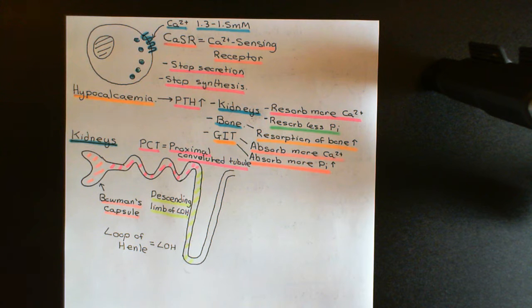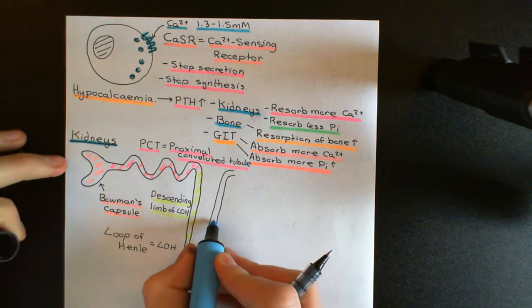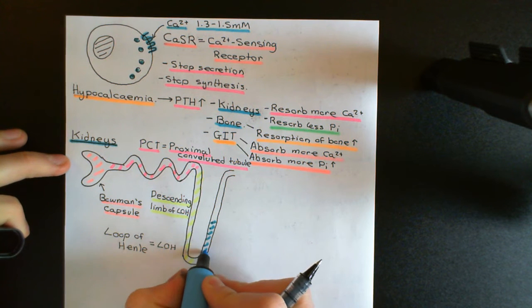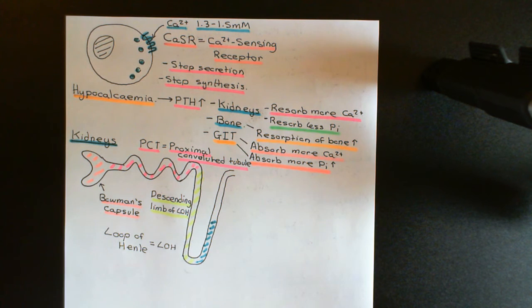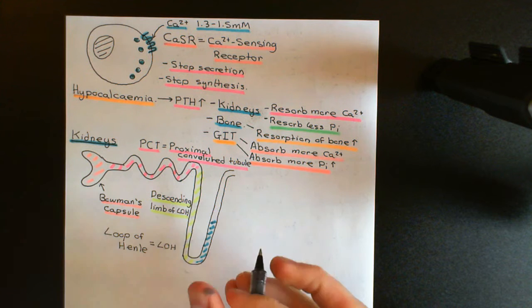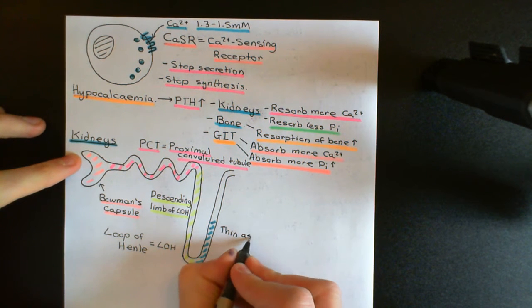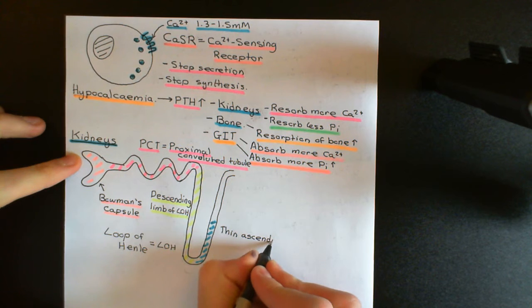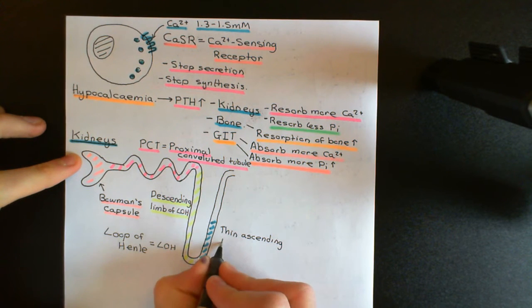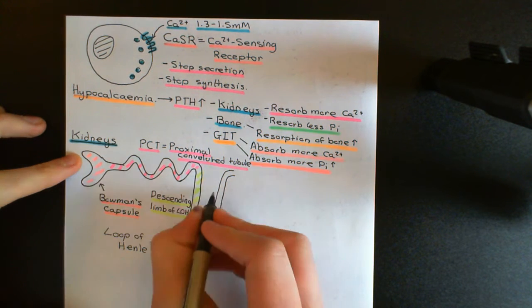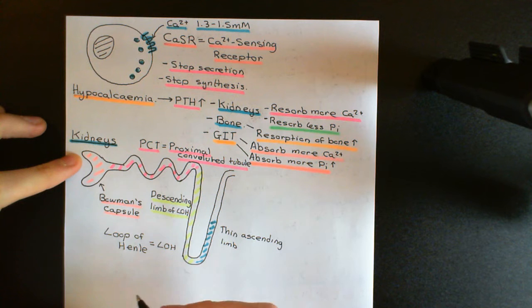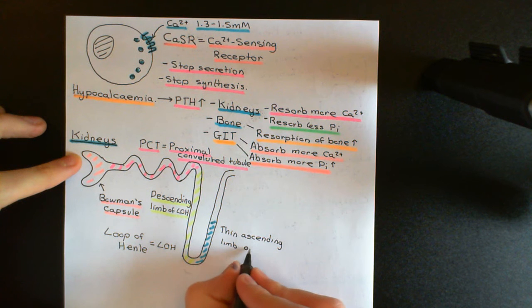But the ascending limb of the loop of Henle is split into two different portions. The bottom portion, which I'll colour in blue here, is known as the thin ascending limb of the loop of Henle. So this is called the thin ascending limb of the loop of Henle. And then the portion above that, the portion that's closer back up to the cortical portion of the kidney, that's called the thick ascending limb of the loop of Henle.